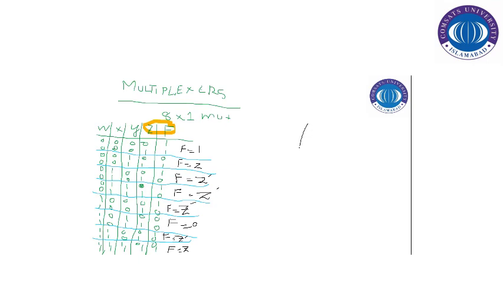Now let us draw the diagram here. Here we got F at the output of the multiplexer. This is an 8x1 mux.